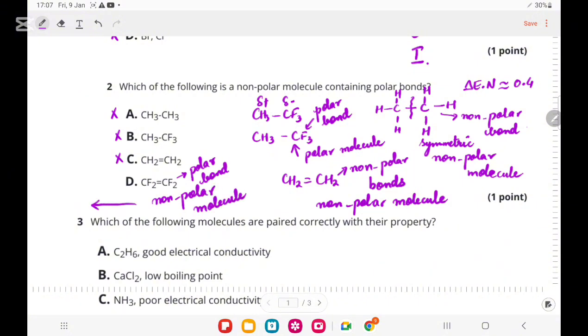Remember, it is symmetric and has no net dipole moment. So this option is going to be the right one.